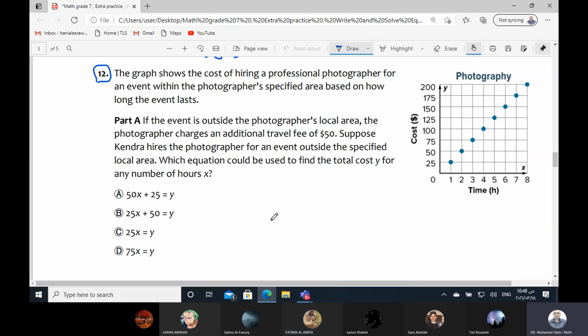Thank you, Fatima. As you see in this graph, here we have the time H, and here we have the cost Y. Now I want from all to try to write the equation here. Is it A or B or C or D? Start, please.